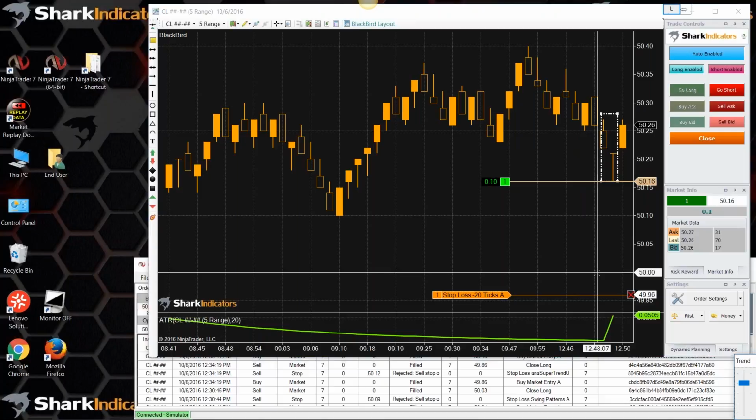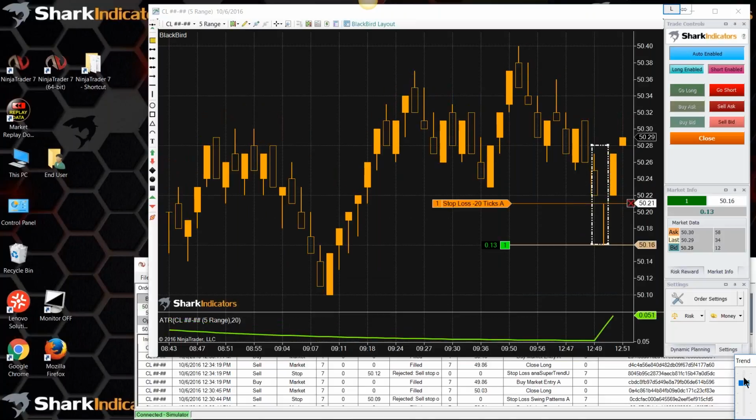Let's wait for price to get up there. Come on. I guess I'll move the trend up here a little bit. There we go. Bingo. Just happened. So there we go. Our stop loss moved up to 5 ticks in profit.